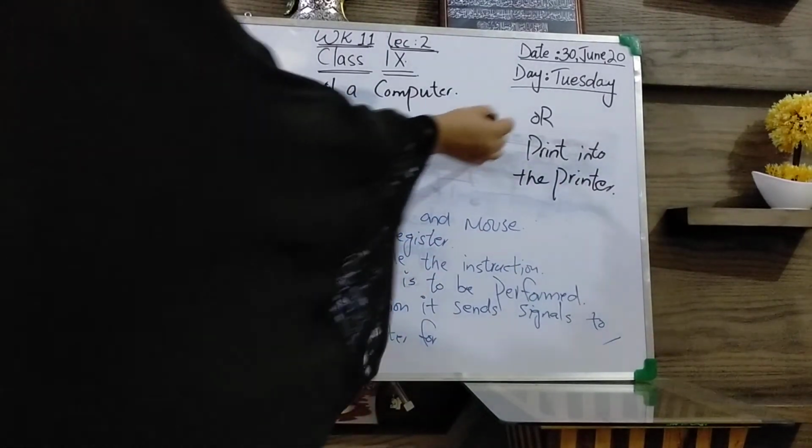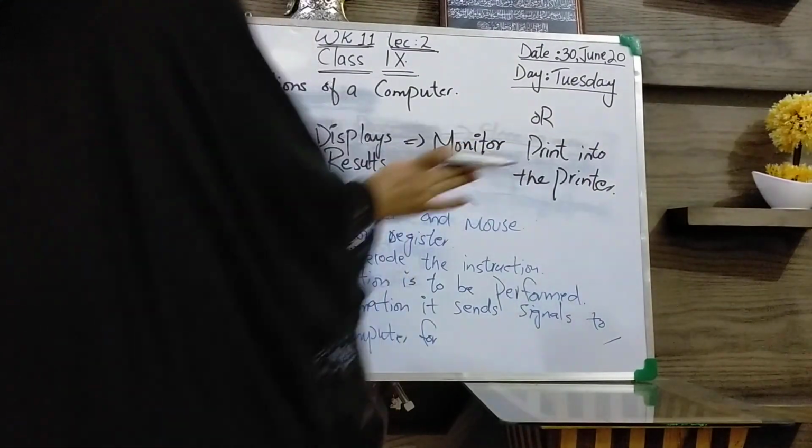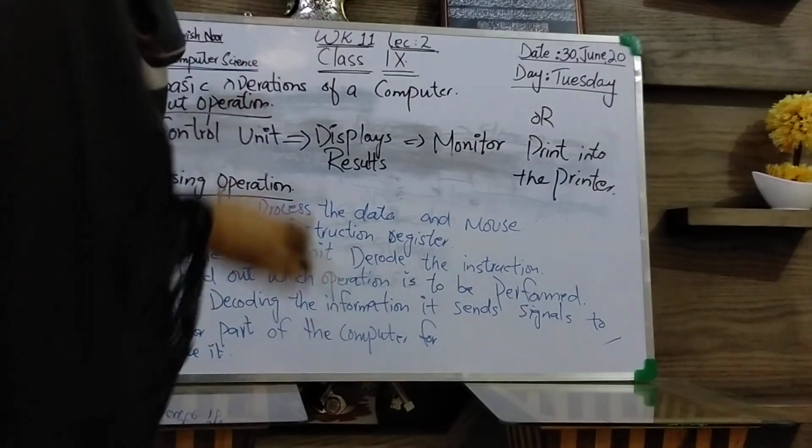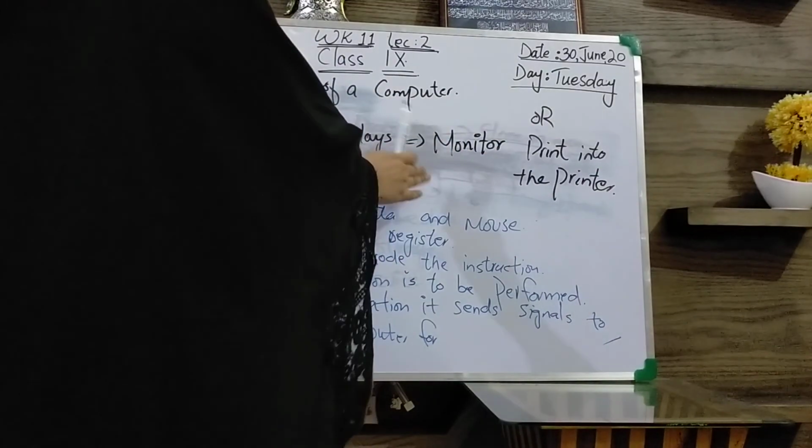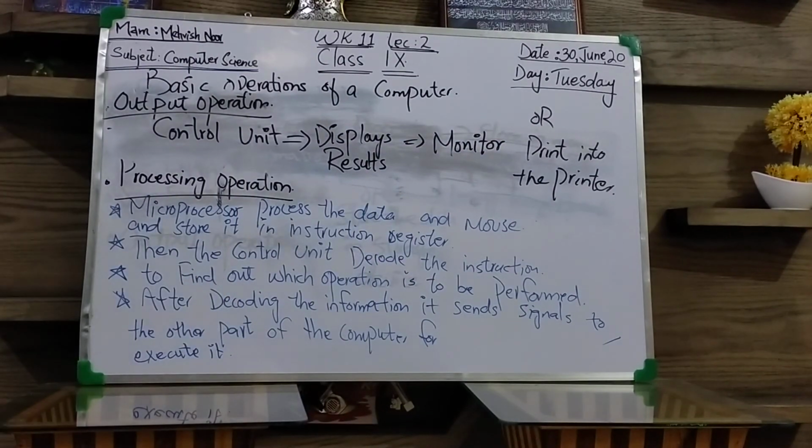Clear? This type of output is called hard copy, and this type of information, displayed information, is soft copy information.